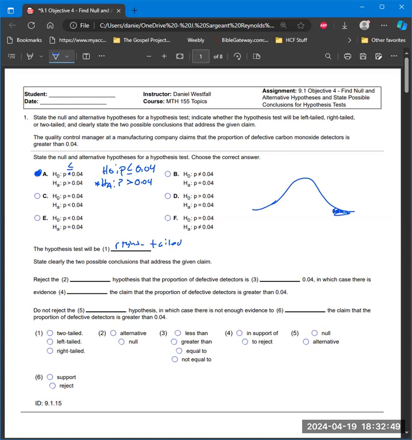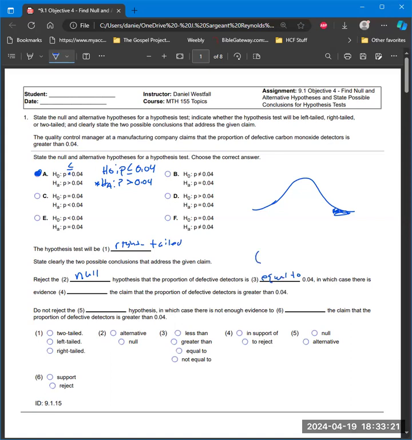Whenever we figure out what alpha is, we can reject the null hypothesis that the proportion of defective detectors is, and they're going to say equal to, I would say less than or equal to, but they're going to say equal to. It needs to have equal to in it.